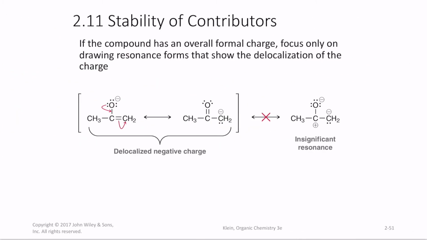Next, if the compound has an overall formal charge, focus only on drawing the resonance forms that show the delocalization of the charge. For example, if you look at it here, this is an allylic lone pair.